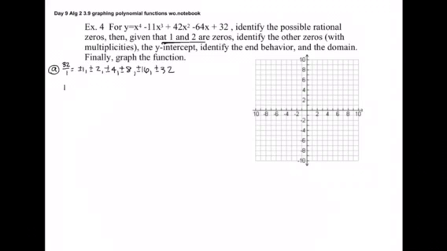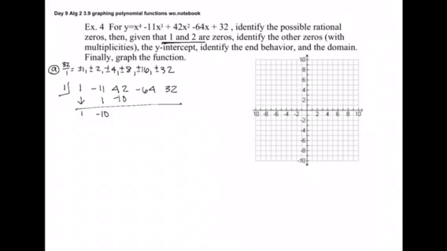So if we use 1 in our synthetic division: 1, negative 3, 42, negative 64, positive 32. Drop your first term. 1 times 1 is 1. Negative 10.